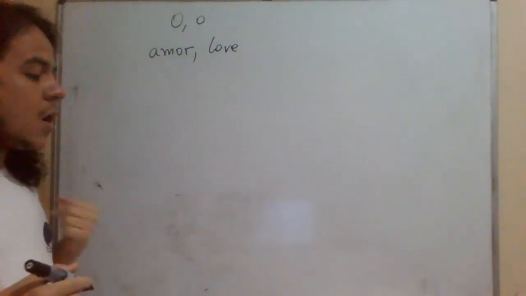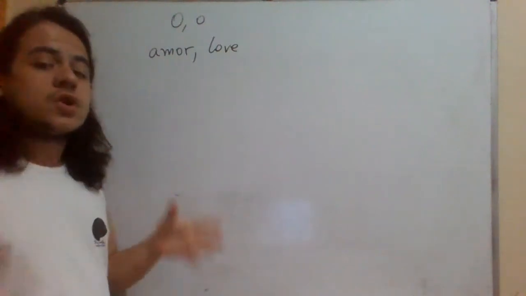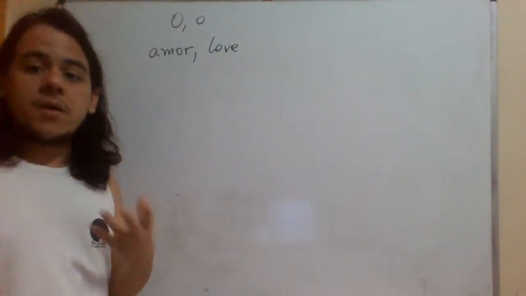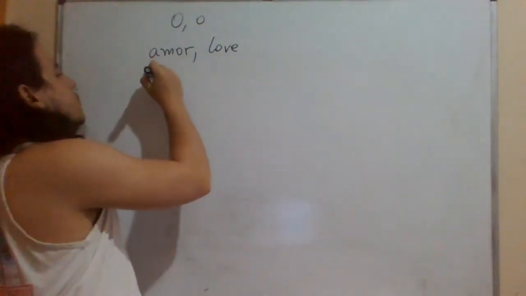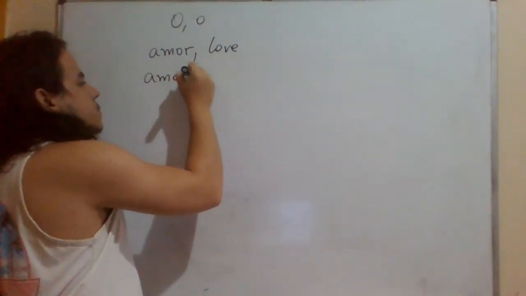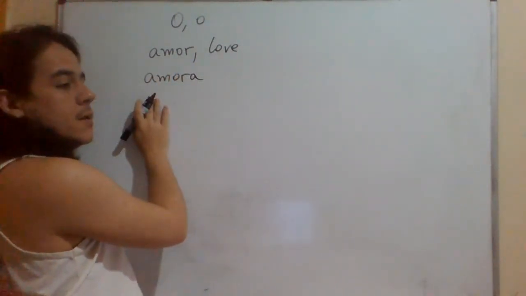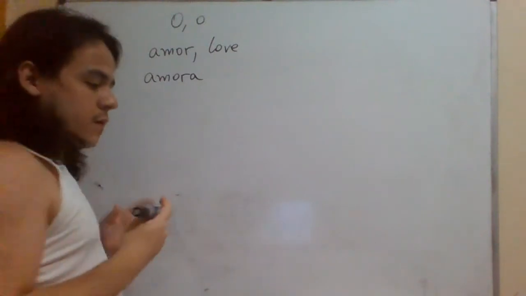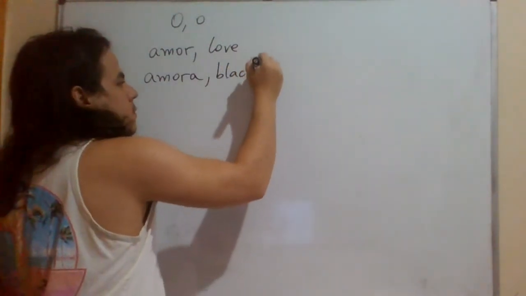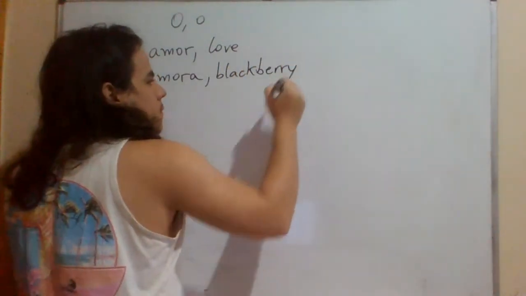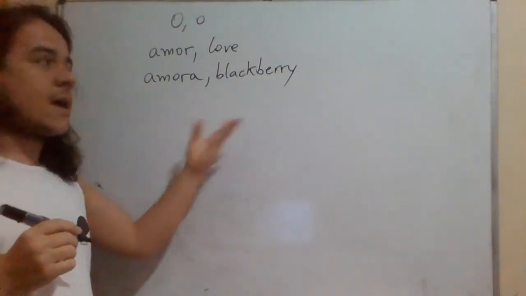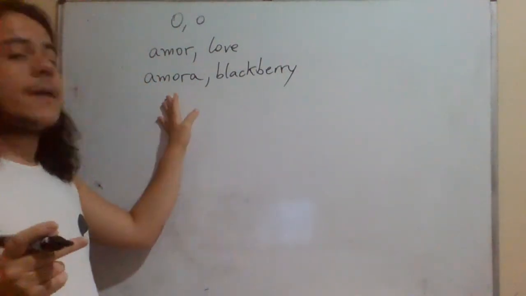Letter O can also have this sound, more open, O. For example, amora. Amora, it's a fruit. It's blackberry. Blackberry in Portuguese is amora.